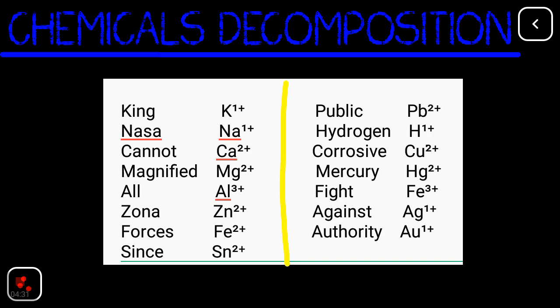After singing that one, you go to all zonal forces. You grab that one, you combine the two: King Nasa cannot magnify all zonal forces. Then you go to the middle one, which is kind of like rapping: since lead hydrogen corrosive mercury. I think that one is very cool, right? So you take your time and understand this one very well. The last one is actually the easiest among them: fight against authority. So there are no doubts and no waste of time here, right?